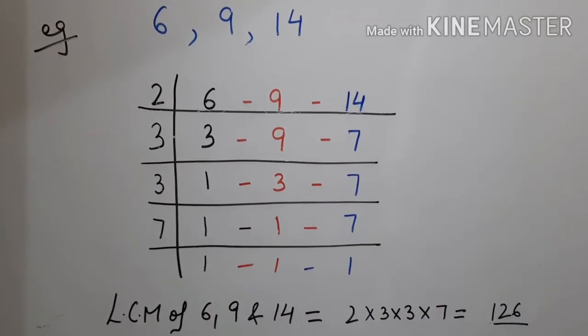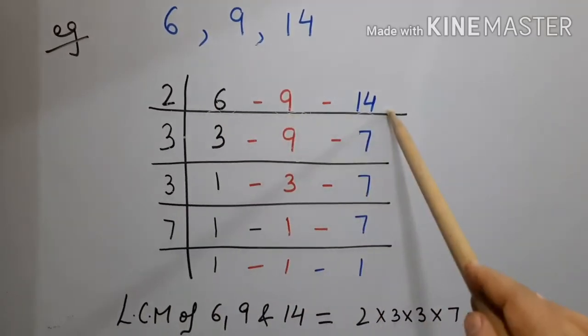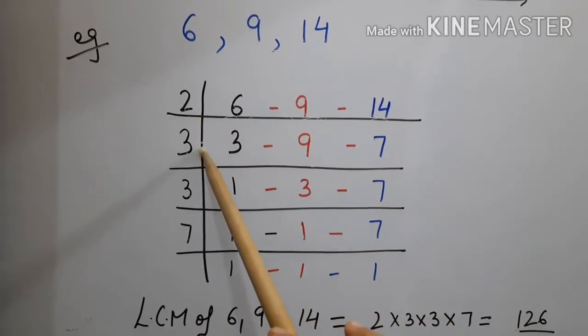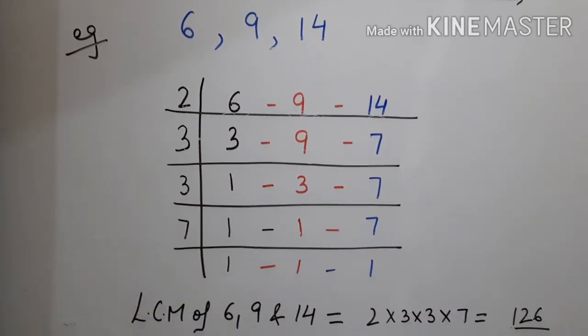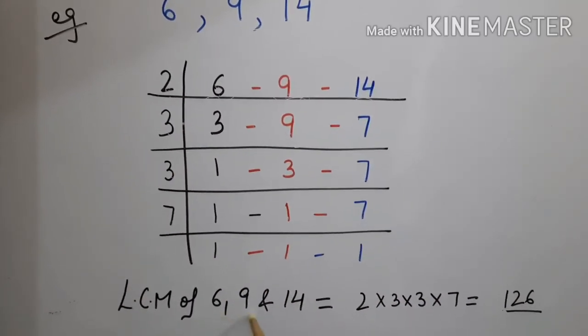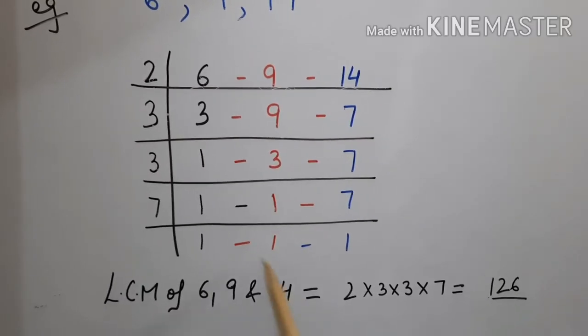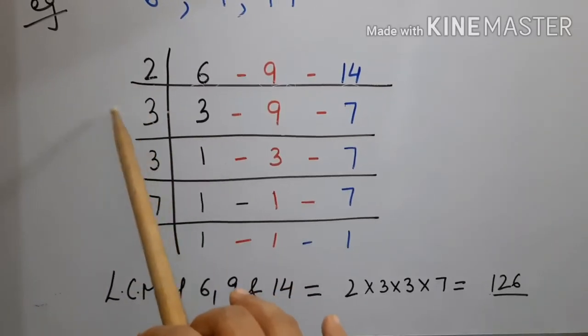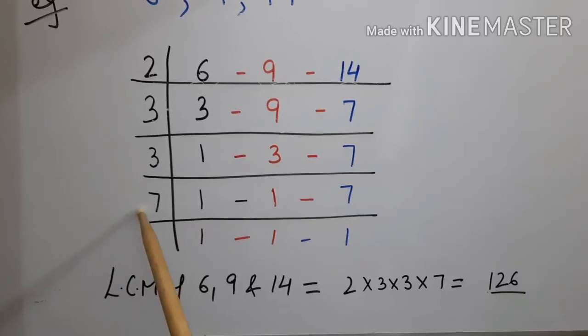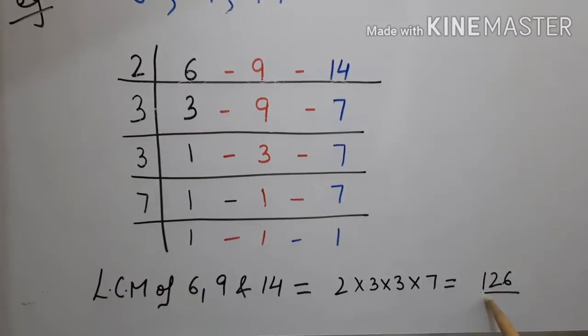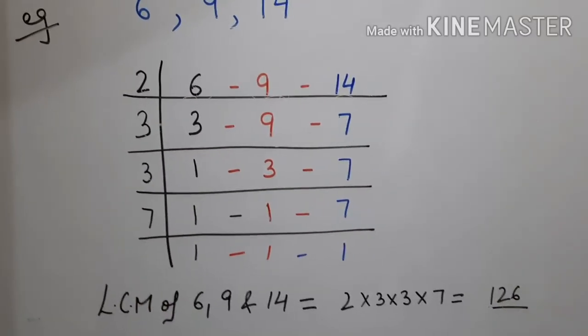So what are the prime factors of 6, 9 and 14? They are 2, 3, 3, 7. So the LCM of 6, 9 and 14 equals 2 multiply 3 multiply 3 multiply 7, that is equal to 126.